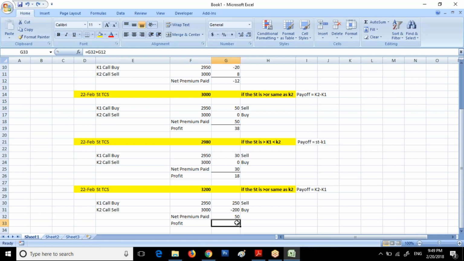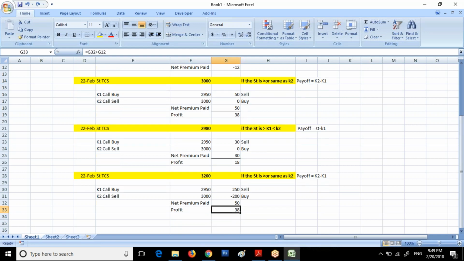However, if you notice carefully, the profit is 38 in case of 3,000 and also 38 in case of 3,200. If you increase it even to 5,000, the profit remains the same.